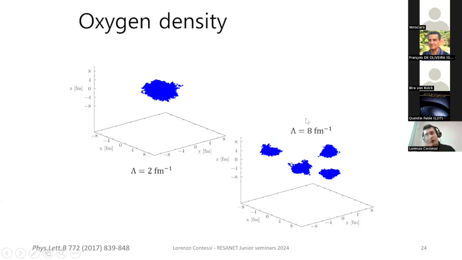cutoff, so you go closer to the contact limit where you can calculate everything and everything is fine, you see that oxygen-16 breaks into 4 different clusters, which are 4 alpha particles. Now, this is a projection over one particular configuration of walkers in the Monte Carlo. Of course, these 4 alpha clusters will maintain correct angular momentum, so they will be spherical, but those are the correlations between the particles. And you see that the density clearly breaks into the 4 clusters.